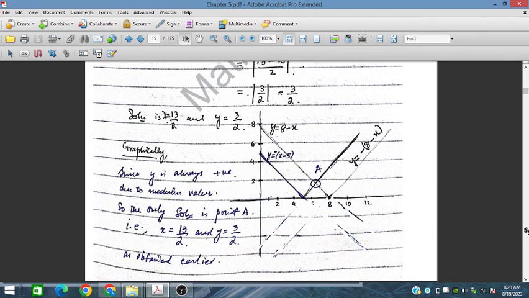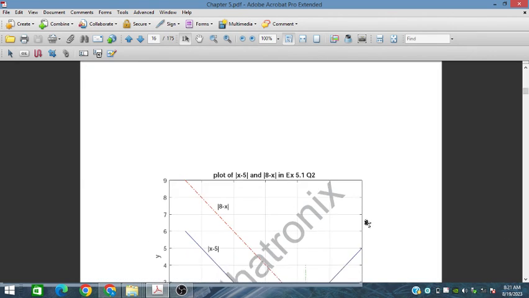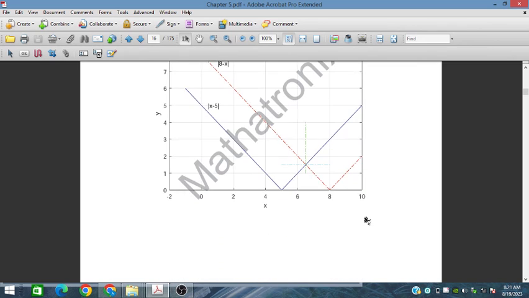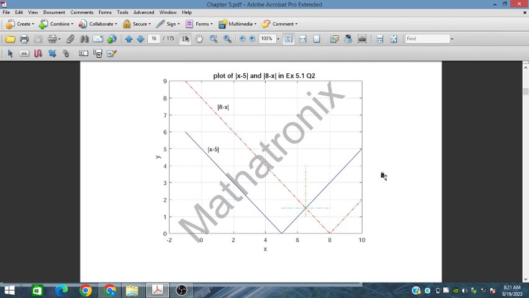This is represented here: this is 6.5 and this is 1.5. This is the graph of x minus 5 modulus. This is 8 minus x modulus. So this is question number 2.